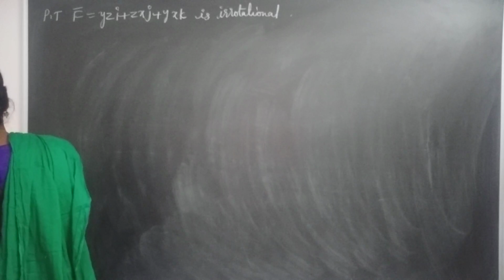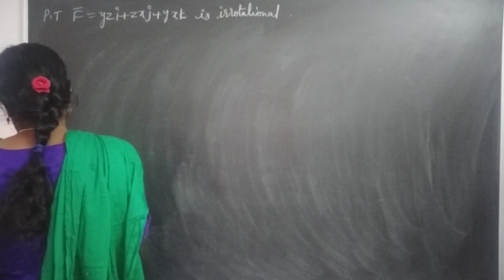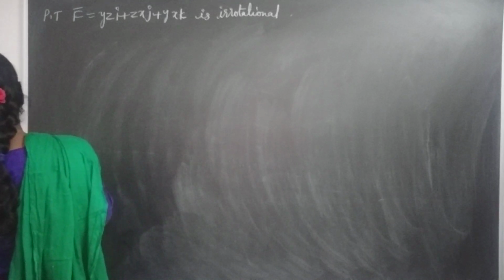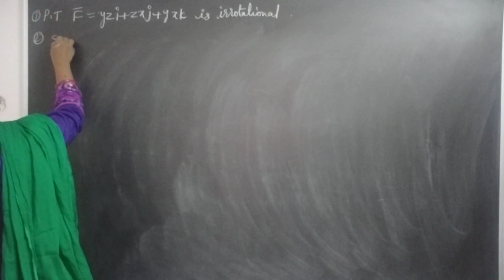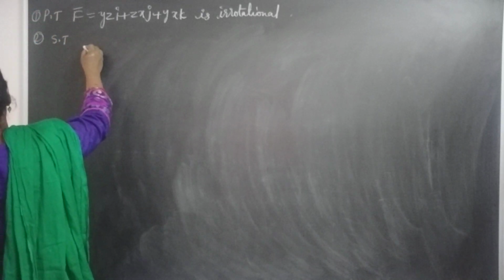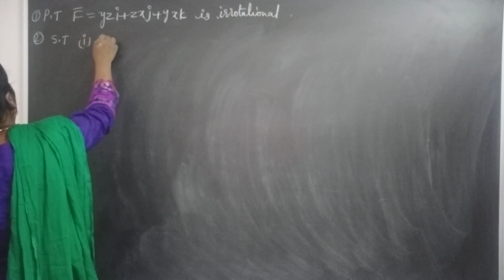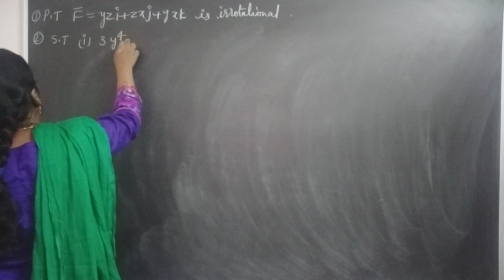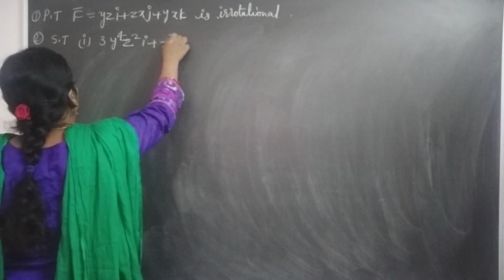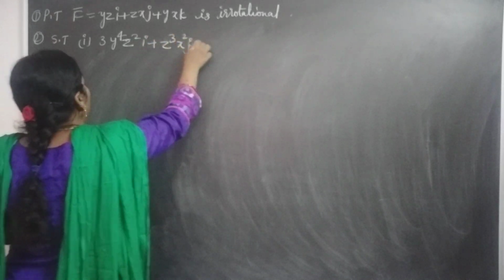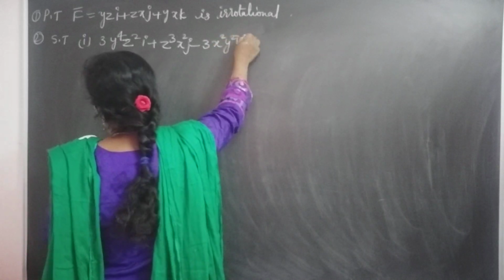The second one is: 3y power 4 z square i plus z cube x square j minus 3x square y square k.